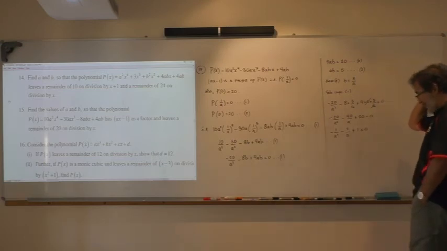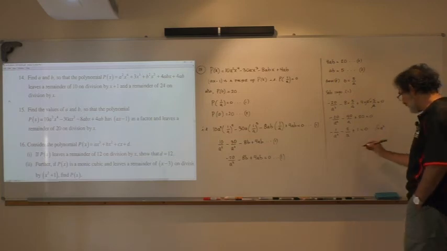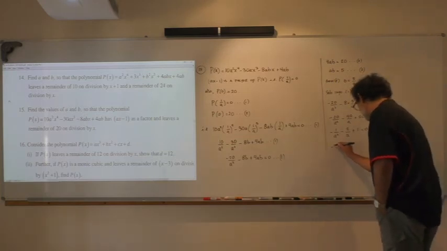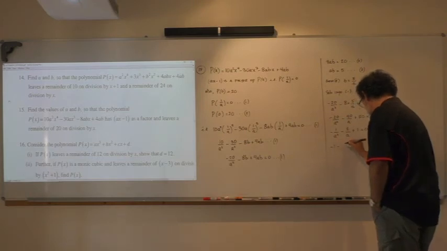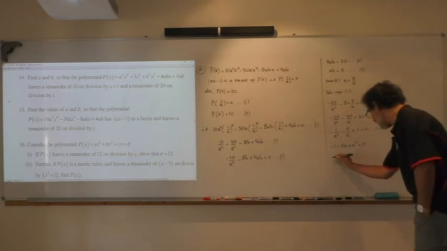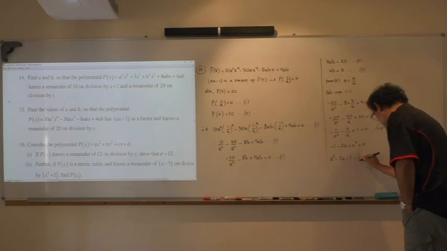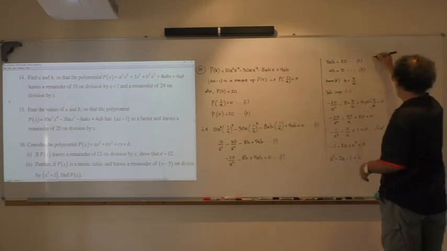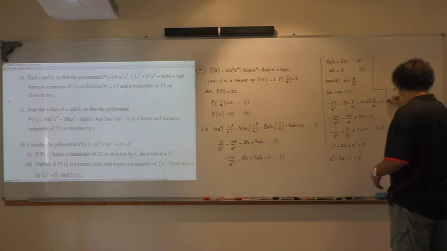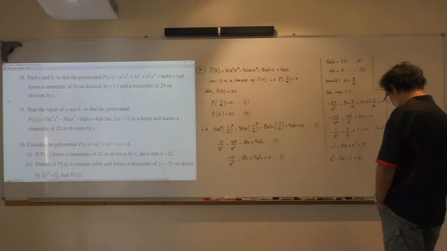Then we multiply by a square, that will give you minus 1 minus 2a plus a square equals 0. And then we're going to put this as a square minus 2a minus 1 equal 0. Okay, so that was actually not easier than the previous question.